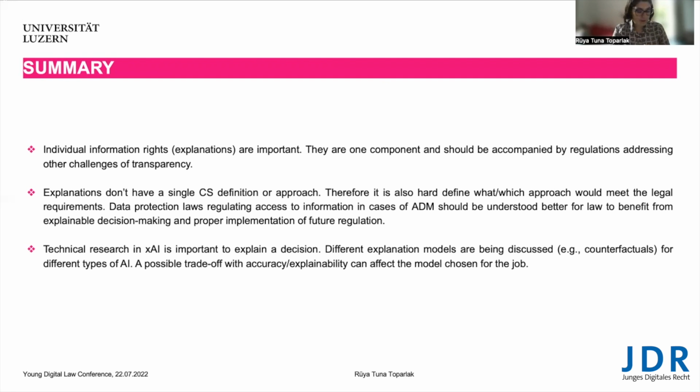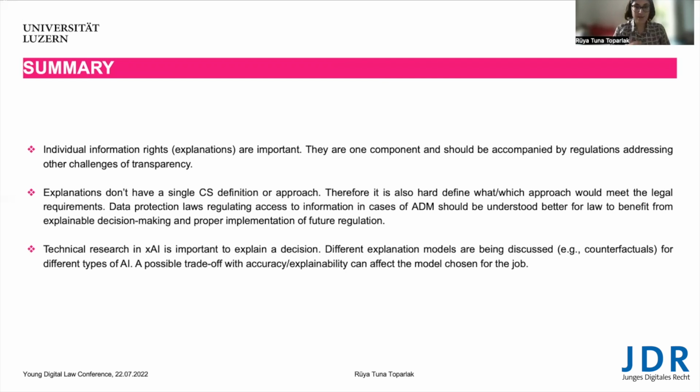And if we look at explicability closer, technical research in explainable AI is important because it tries to provide a post hoc interpretability of a decision. In general, here, different explanation models are being discussed for different types of AI to allow affected individuals to better react to the decision by challenging the decision or changing their own behavior.